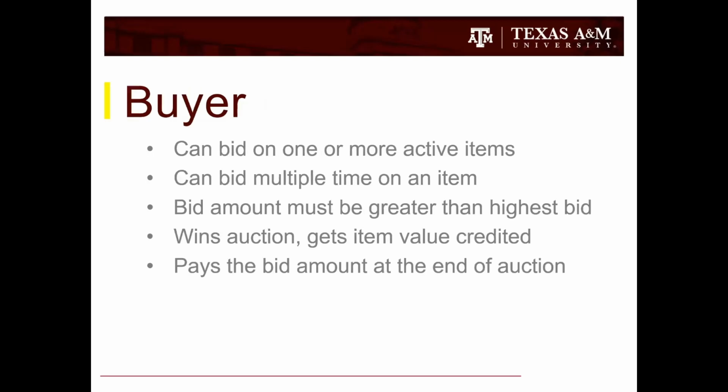The buyer will have the ability to bid on one or more active auctions. The buyer can only add upon his bids, but he cannot delete a bid. The items also display information on the highest bid and the corresponding highest bidder.